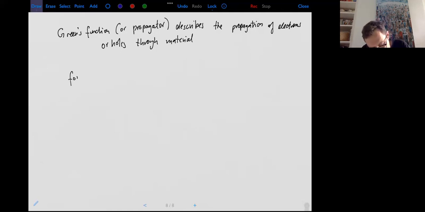So let's first look at holes, because those are of relevance to photoemission. In photoemission, we said that we start with the n electron ground state, right? The material before the photoemission experiment is in its ground state. And then we remove an electron or create a hole. So we use the field operator without the dagger.